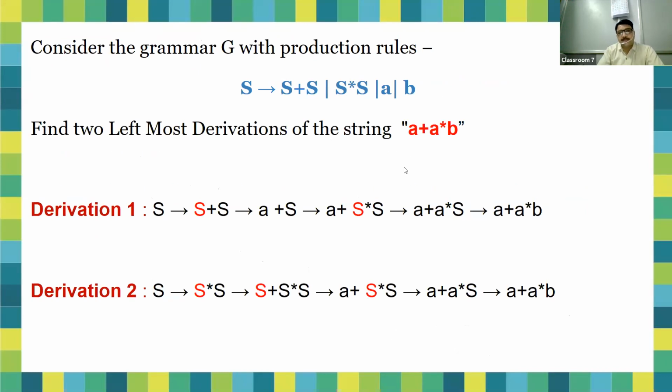तो अब आप एक क्वेश्चन लिखिए। सपोज दिस ग्रामर इज गिवन टू यू: S → S + S | S * S | a | b.